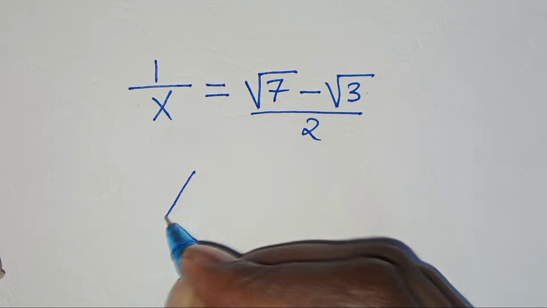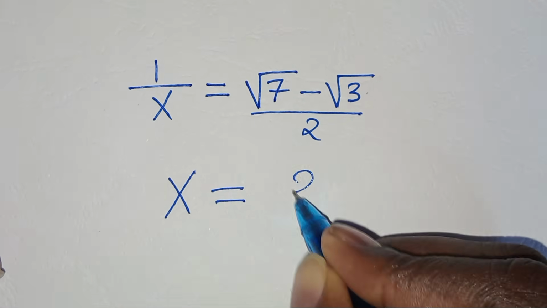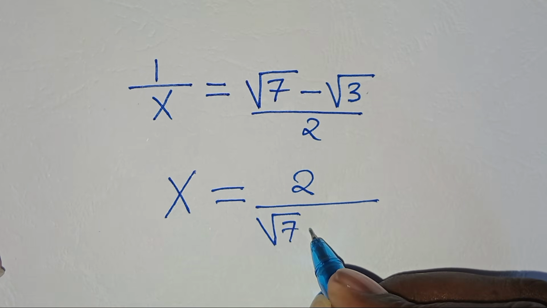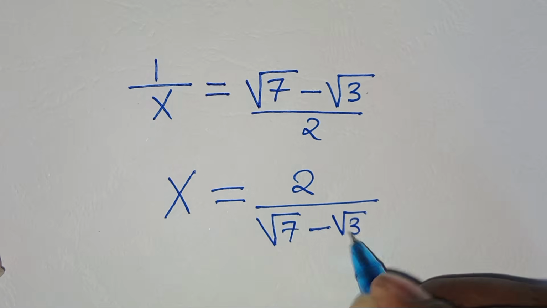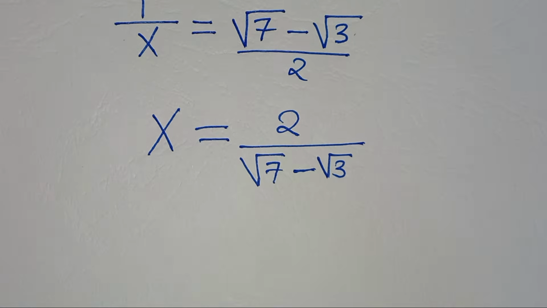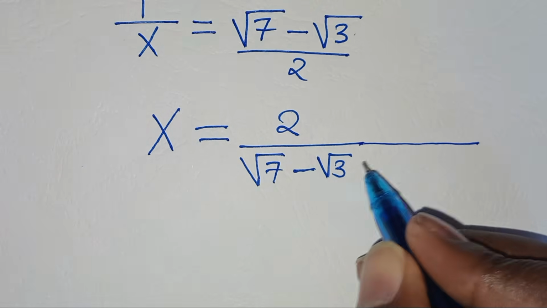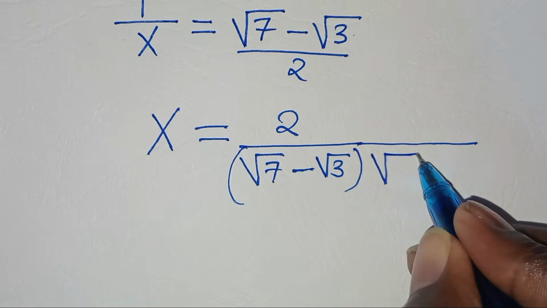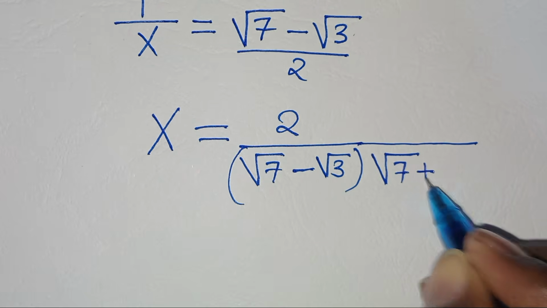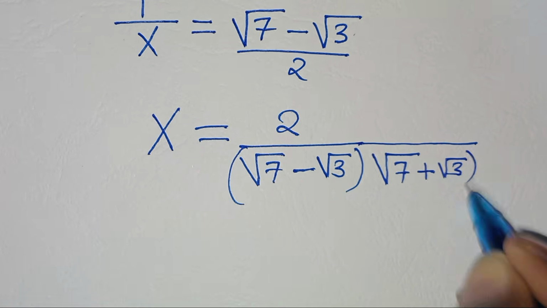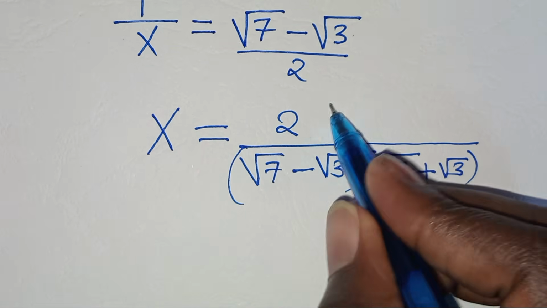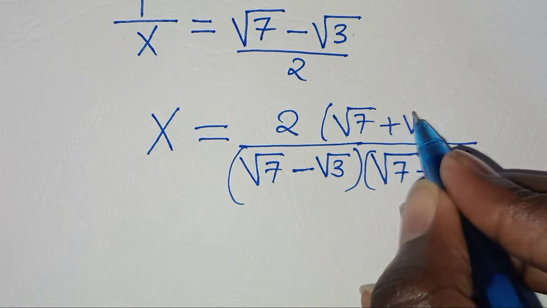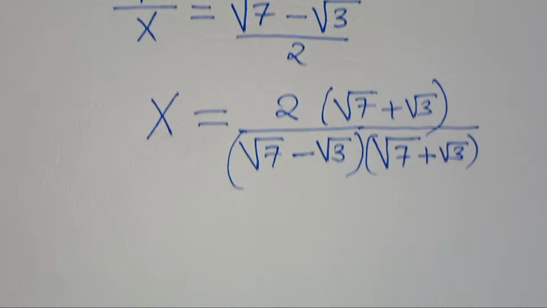So this means that x is equal to 2 divided by root 7 subtract root 3. The next step from here is to rationalize the denominator by introducing a conjugate, which is the square root of 7 plus the square root of 3. Also, let's multiply the numerator with the conjugate, the square root of 7 plus the square root of 3.